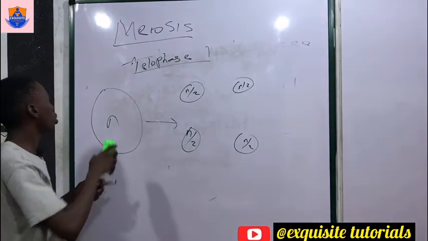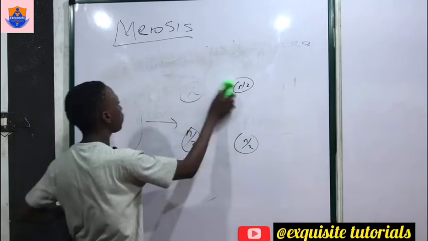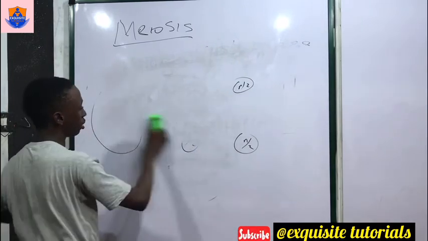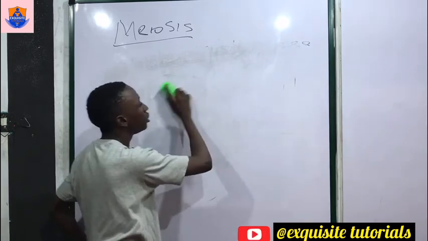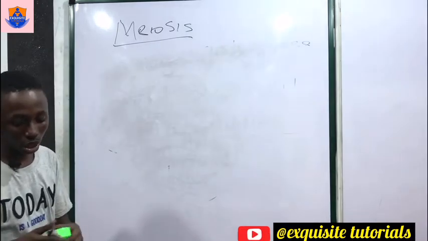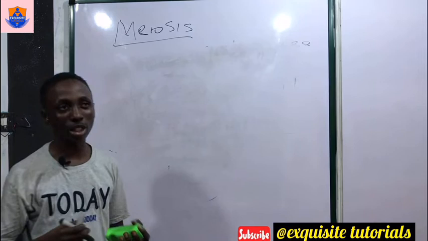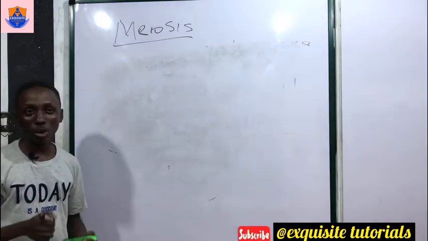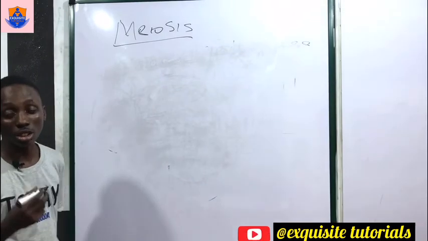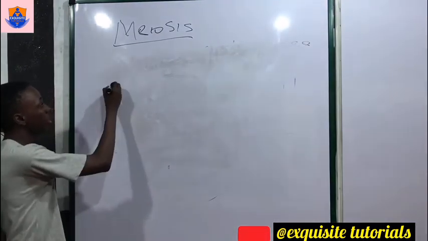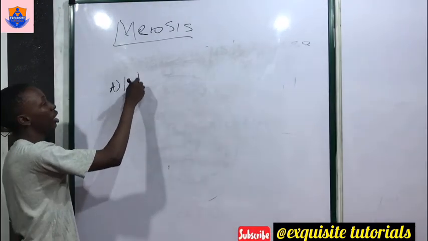Okay, now let's do a quick recap with the following questions. Now let's take the first question. The longest stage of the cell cycle is which stage? Is it A, the interphase?